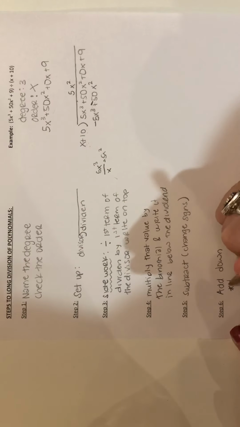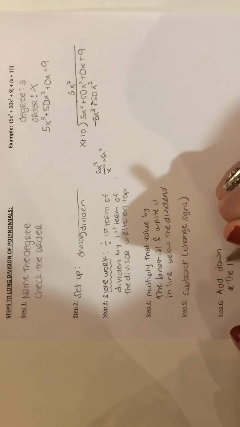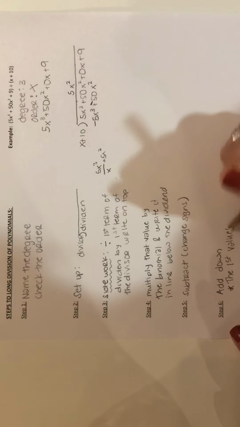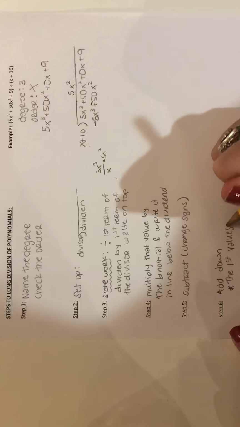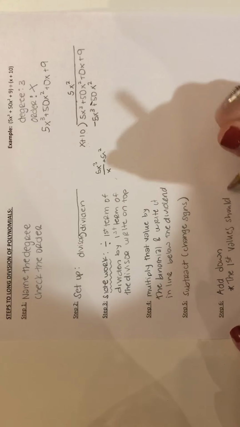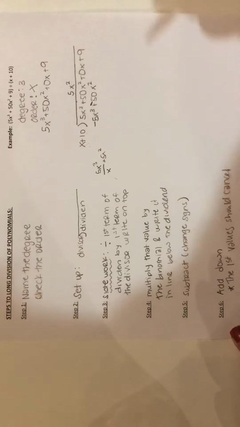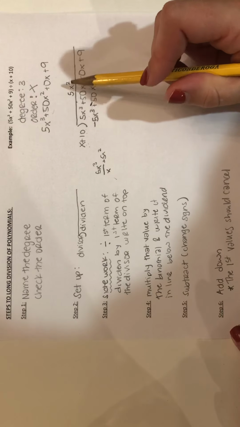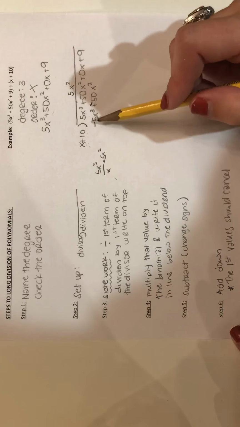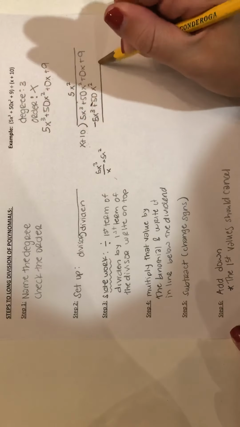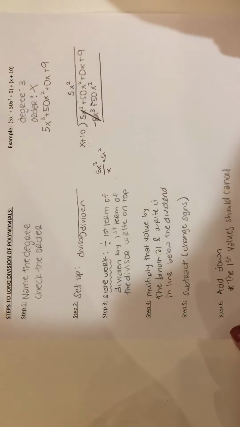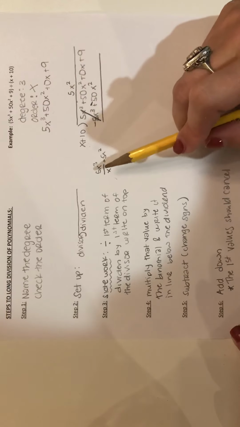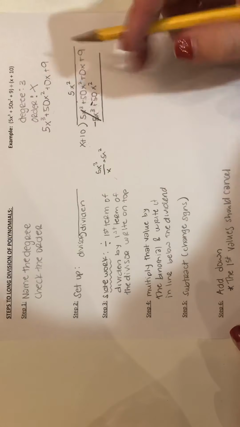Note that the first values should cancel. We rigged it that way. We purposely picked the right number to put here to make it so that 5x cubed minus 5x cubed goes away. If it doesn't go away, you did your side work wrong.